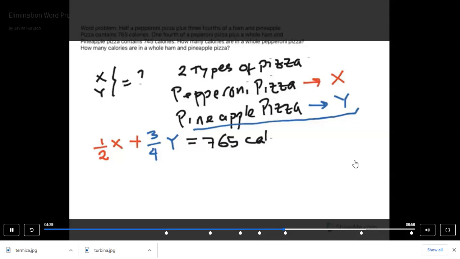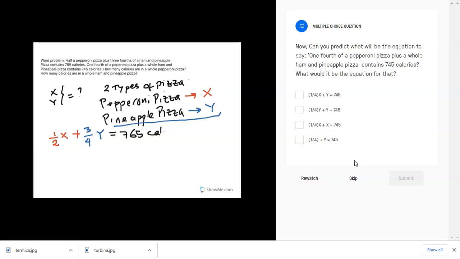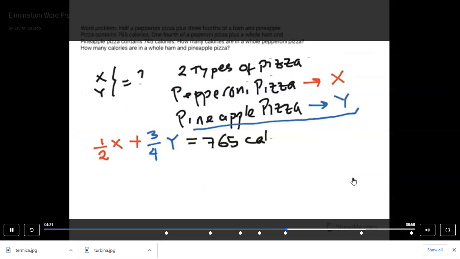And then the problem says again, 1/4 of a pepperoni pizza, and you know that pepperoni pizza is x, so 1/4 of x, and then plus. Plus talks about addition, right? Plus, and then this problem says a whole ham and pineapple pizza.